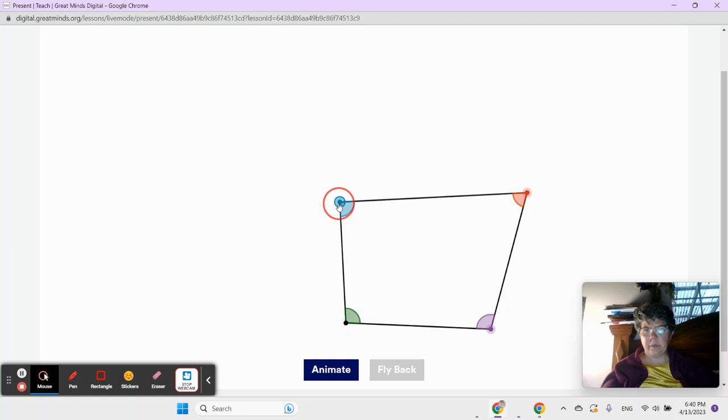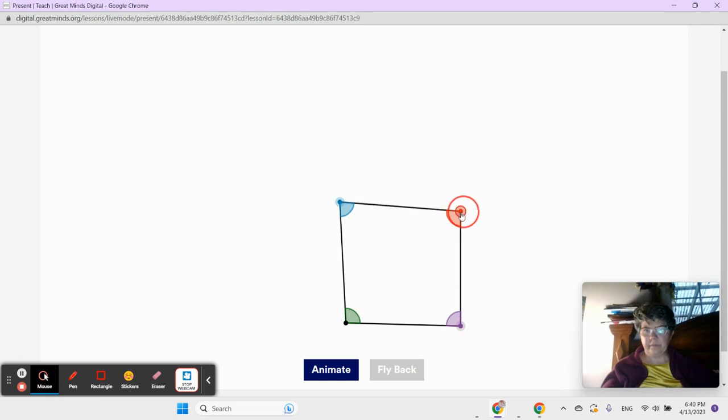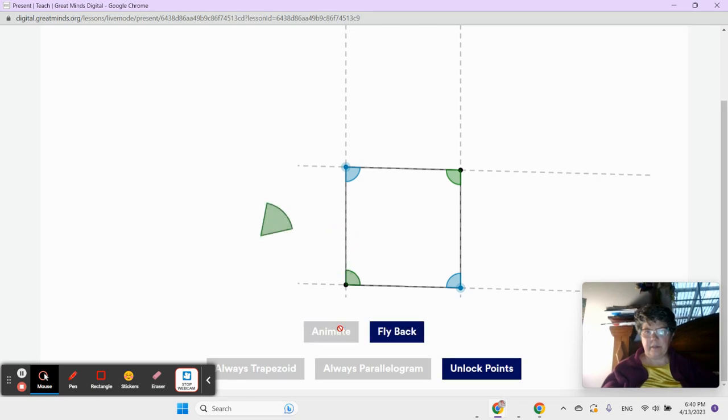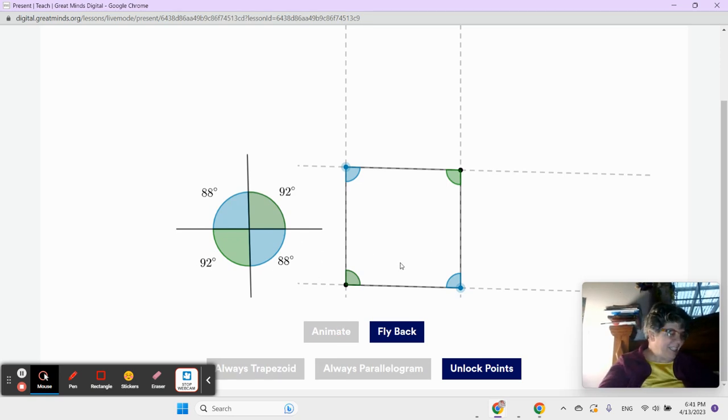Let's try for a square. I guess it's a parallelogram. This is not a square because it would be 90 and 90. Close enough. But you see that the inside angles of a quadrilateral will add to 360.